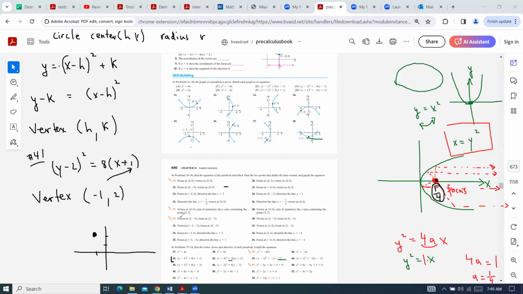And then this parabola is not in the shape of y is equal to, but it could be treated as if it was in the shape of x is equal to. In other words, this parabola will open to the right, just like we had in the example here with x on one side. And of course, one may question, Alex, how come this is really opening to the right?